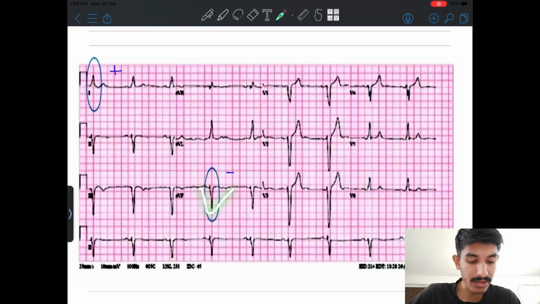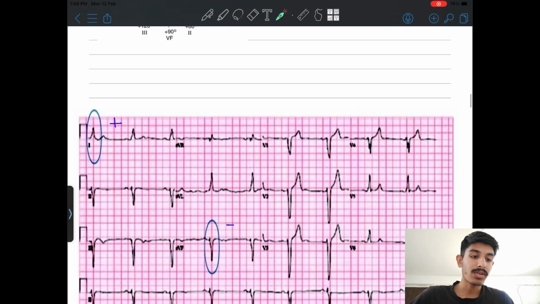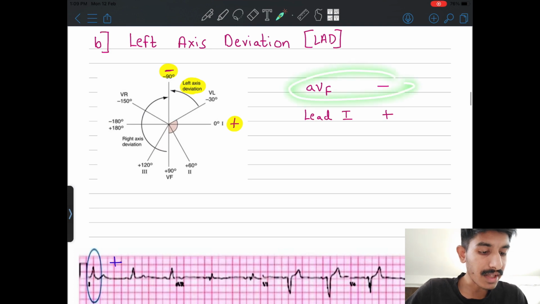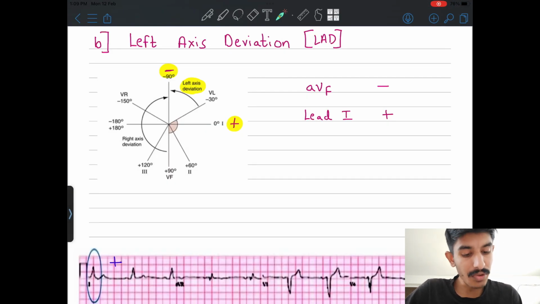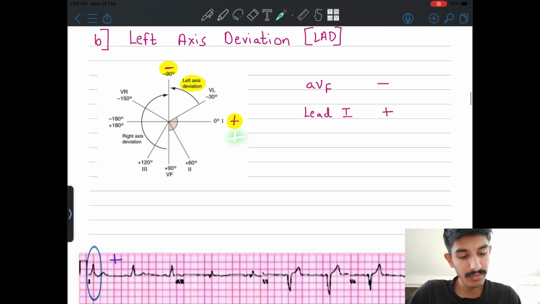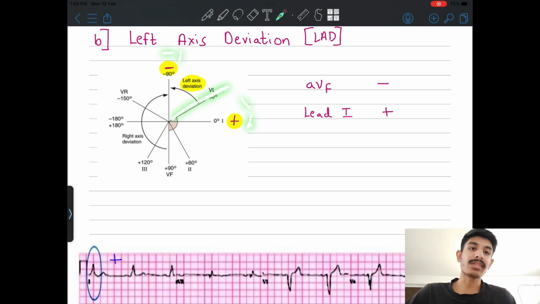In AVF it is negative, so write here AVF is negative and lead 1 is positive. So positive and negative, between these your axis is coming, so this is left axis deviation, okay.